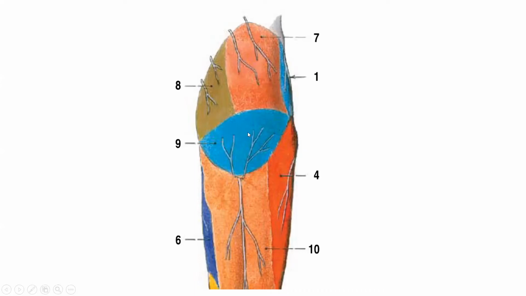We have this blue area, which is the nerve supplying the lower portion of the gluteal region, but it's not a dorsal branch of the spinal nerve of the spinal cord segment.